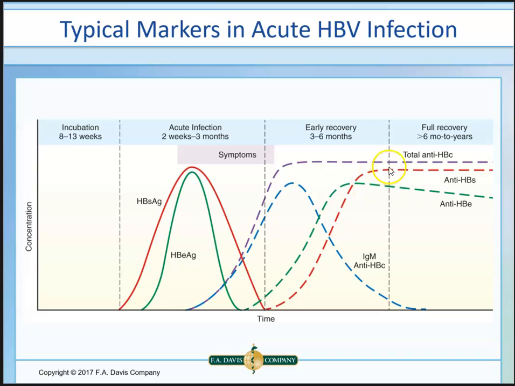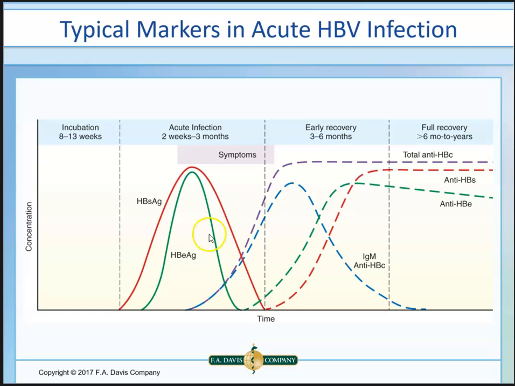Now, anti-hepatitis B surface, which we can see here in this purple one, appears during the later part of the symptomatic area here. IgM will decline, but the IgG will persist. So this is the antibodies to hepatitis B core, what you remember we said was the core window.